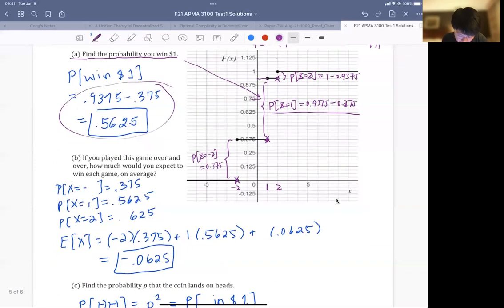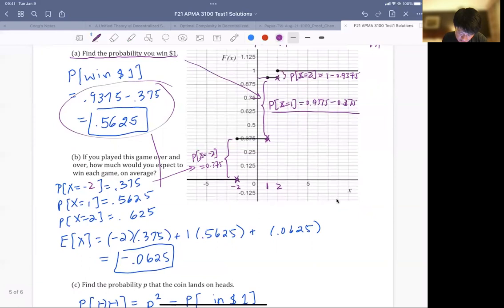B, if you play this game over and over, how much would you expect to win each game on average? This is the definition of expectation, right? Expected value. So we know a few things, right? We know X equals -2 to be 0.375. X equals 1 is something we have computed above, right? This is the number we computed.